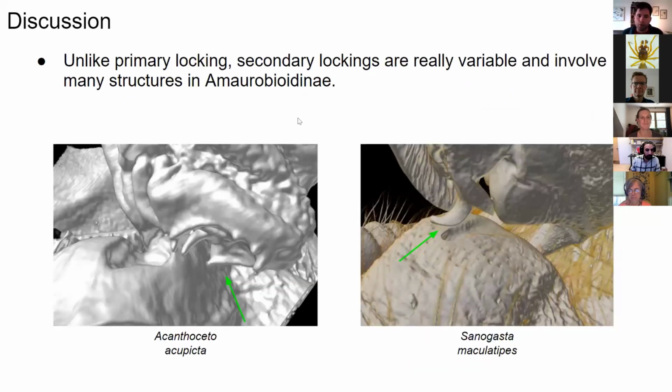And now going back to the secondary locking mechanisms, unlike primary locking, there was real variability, just mesmerizing variability, and it involved many structures.